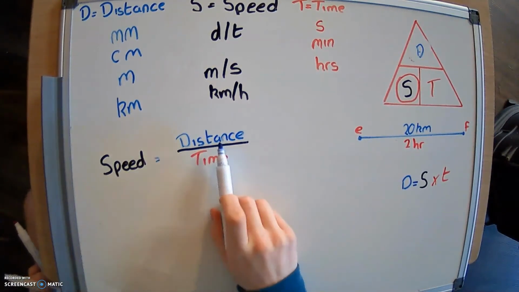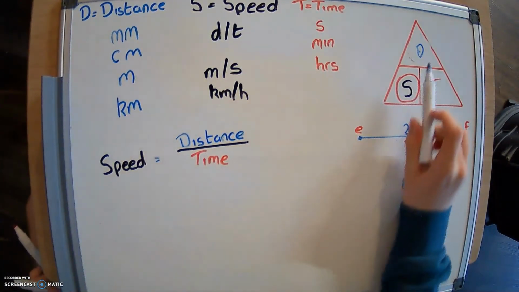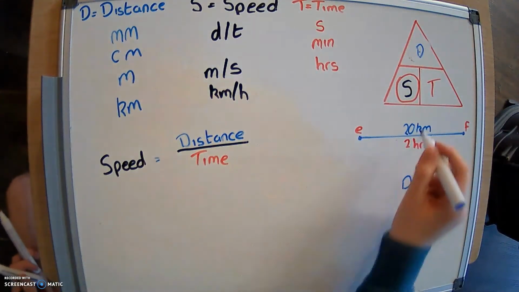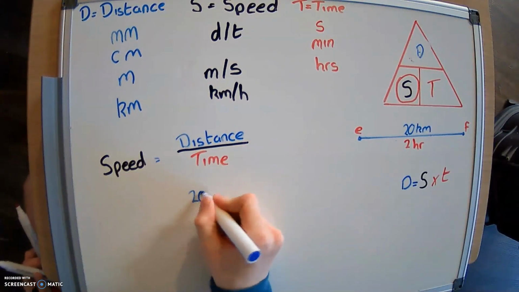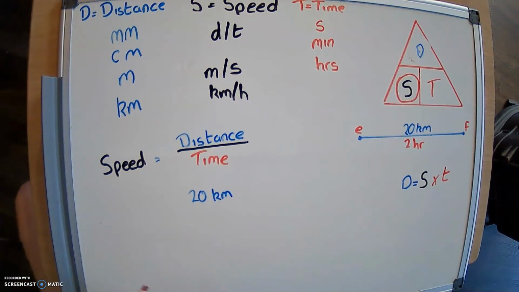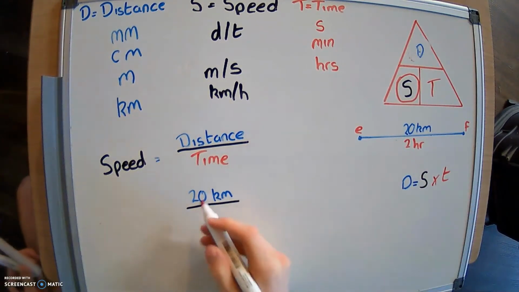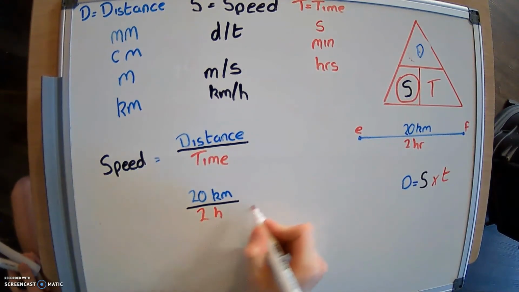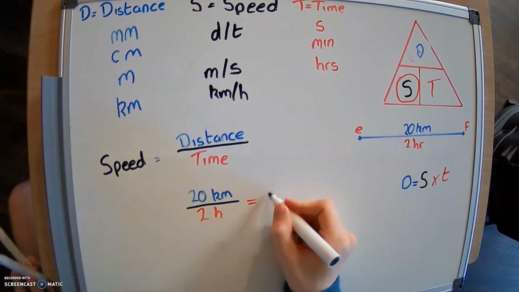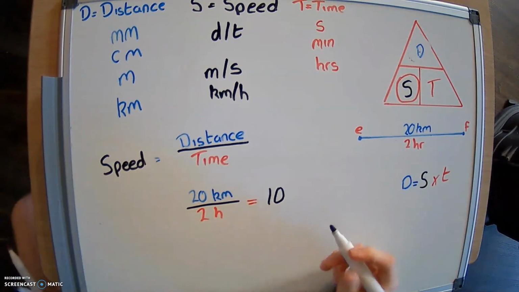So we know that speed is equal to distance over time, d over t. Our distance in this case is 20 kilometers. Our time in this case is 2 hours. That's going to be equal to our speed, which is equal to 10.